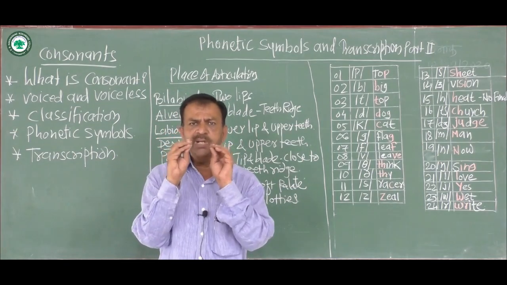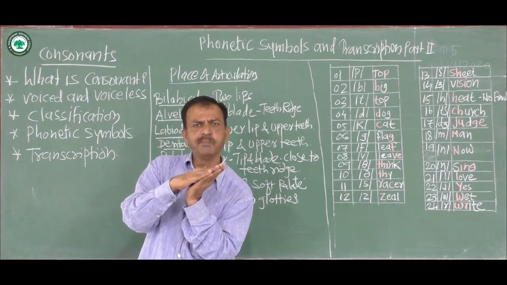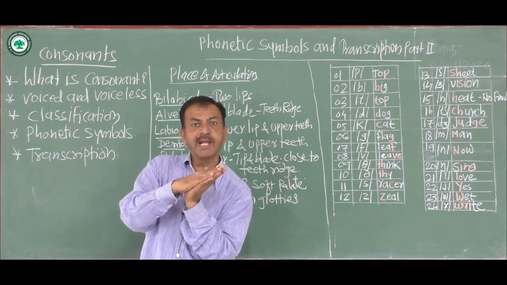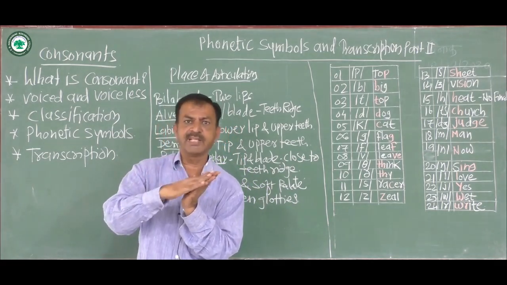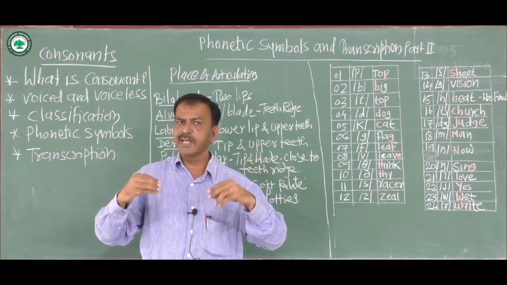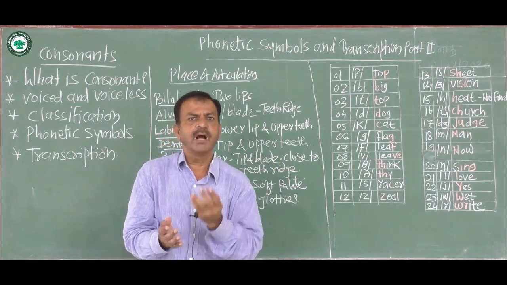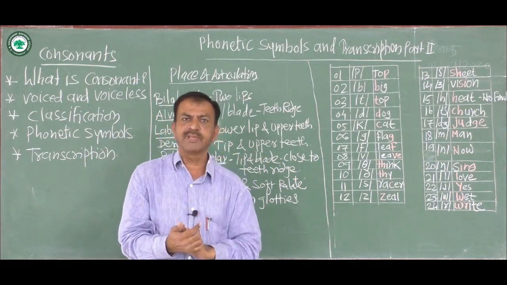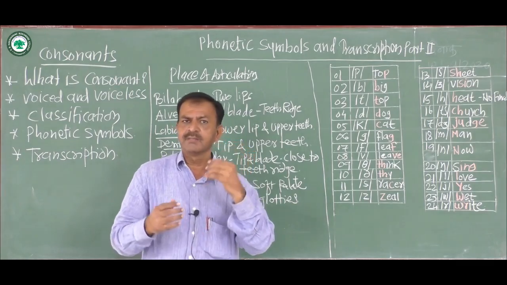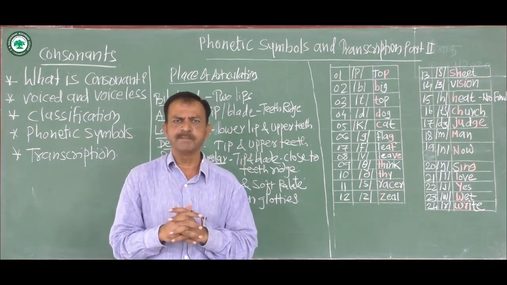Then the different articulators come together and the pressure is built, and at the release, when the two articulators are separated, the air comes out making an audible sound, sometimes a hissing sound. So sound is made.